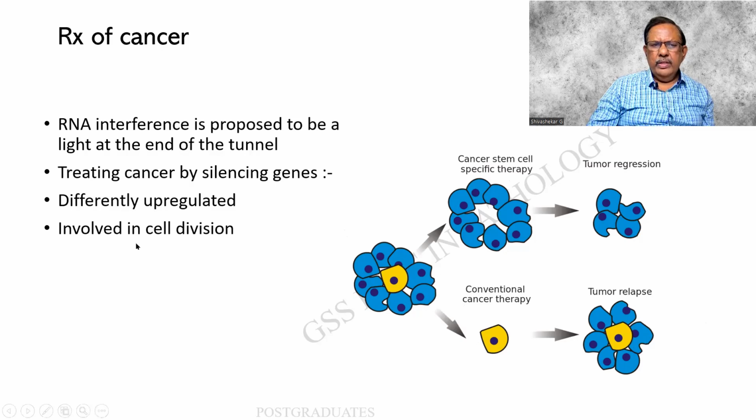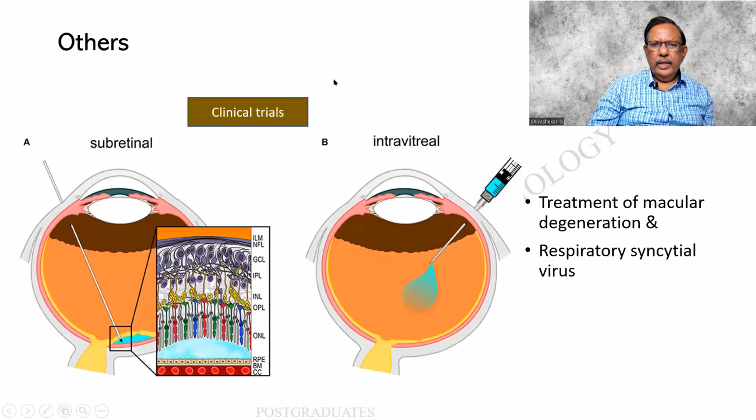So it is involved in the cell division. And also, as I mentioned earlier, it can be used for the treatment of macular degeneration. Over here, you find that the injections can be subretinal or intravitreal. Treatment of macular degeneration, and the virus that is used is the respiratory syncytial virus.